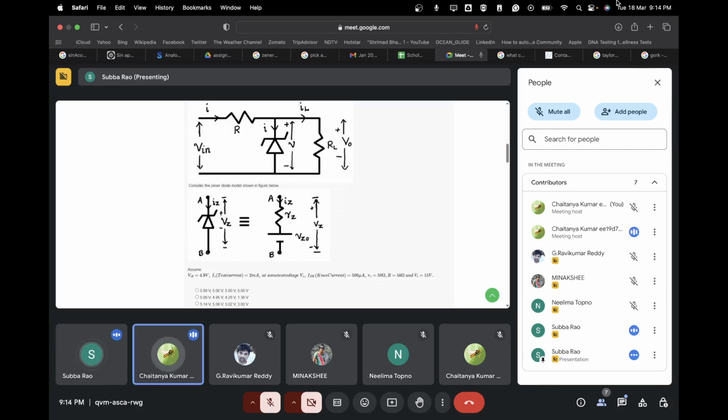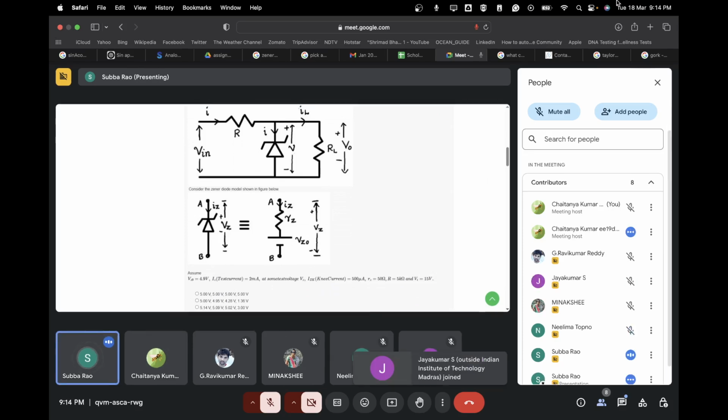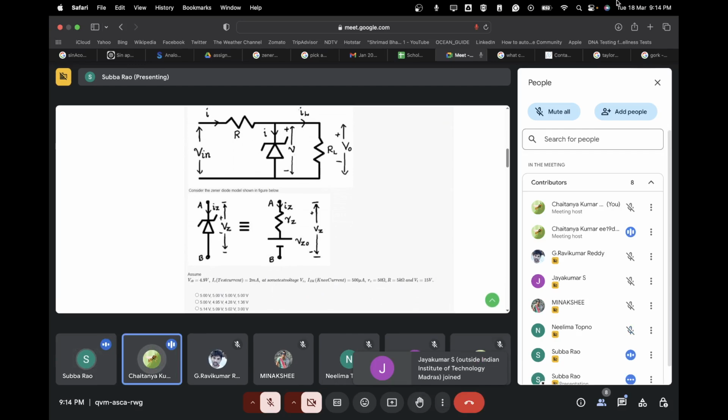Knee current is given as, I don't think knee current is important over here. So you have been given RZ over here, and it's 50, right?